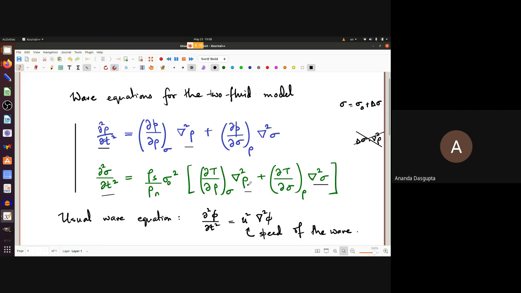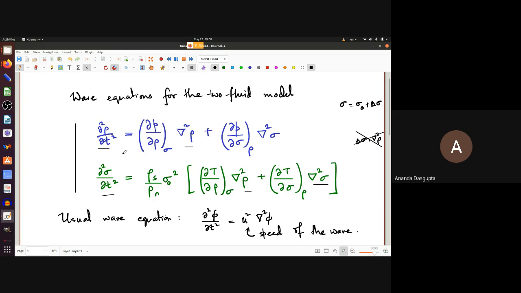What this tells you is that usually in a two-fluid model, density fluctuations and entropy fluctuations are actually linked to each other. A term like Laplacian of rho tells you that if rho is not uniform in space, you're going to get a contribution from this, and that is equal to the acceleration of rho, the second rate of change of rho with time.